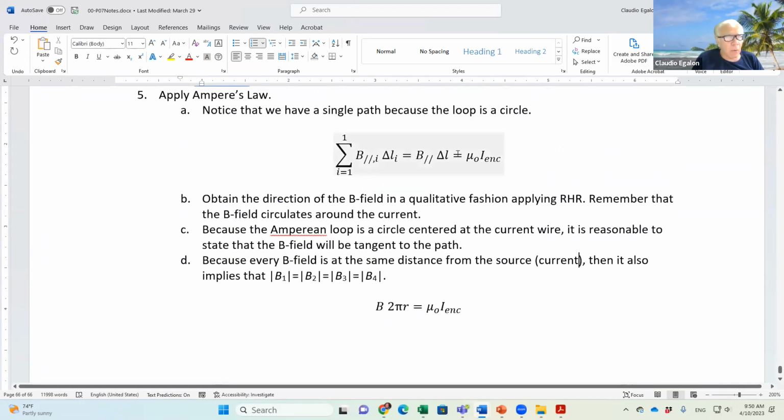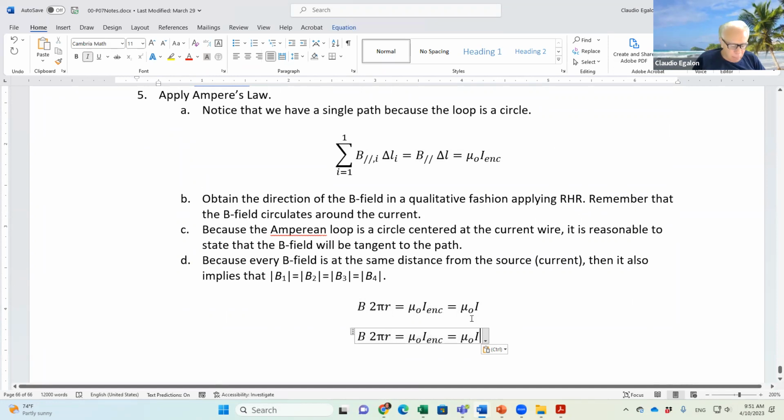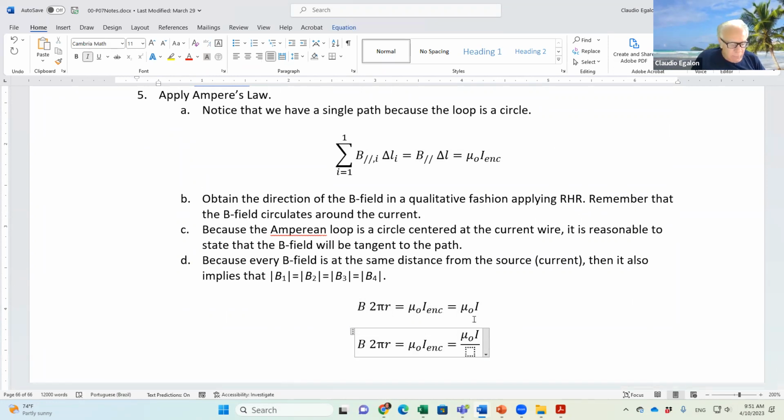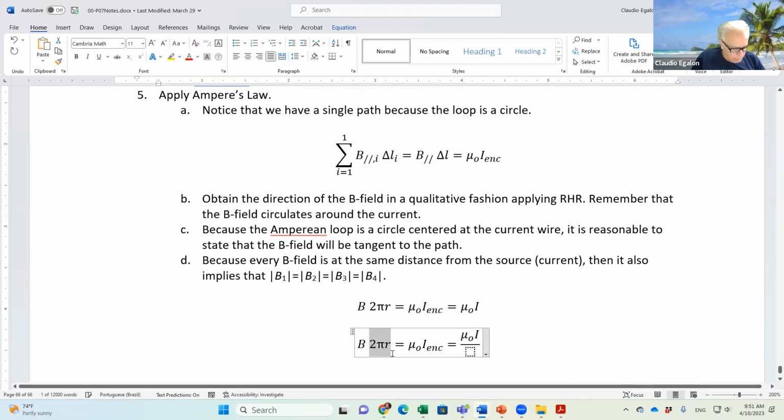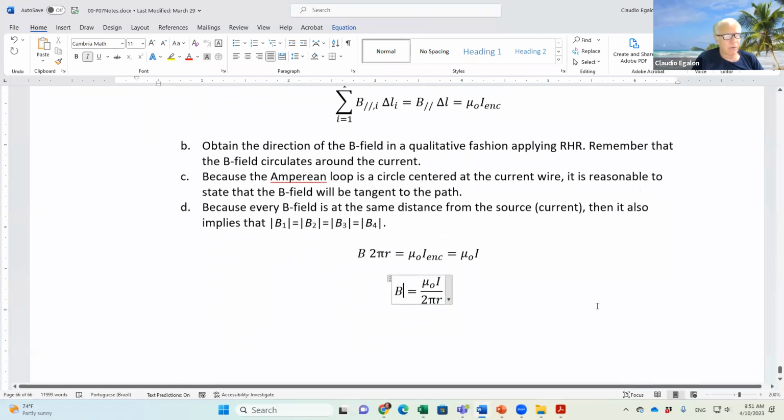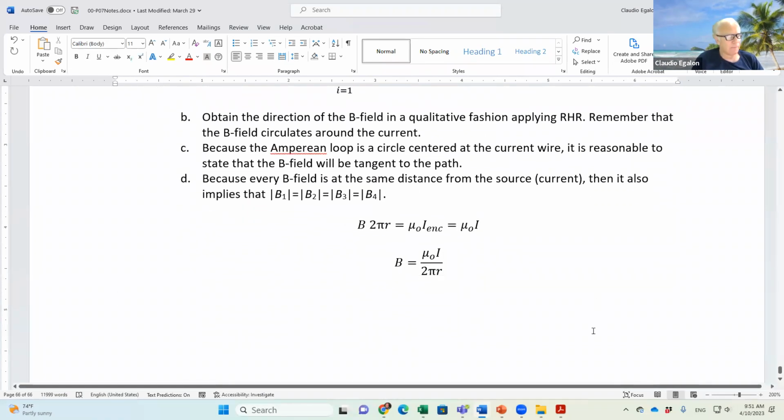What I didn't do here is substitute I enclosed by I. I was given that, and we can finally solve this problem. That's the simplest problem you're going to see out there. Solving for the magnetic field, it's going to be 2 pi r. The magnetic field decreases with the distance.